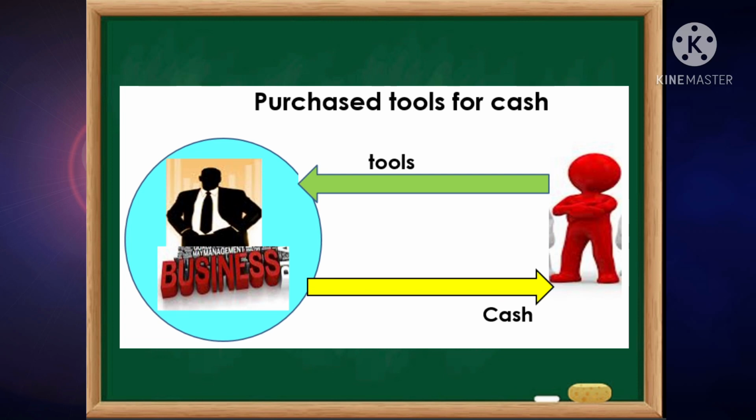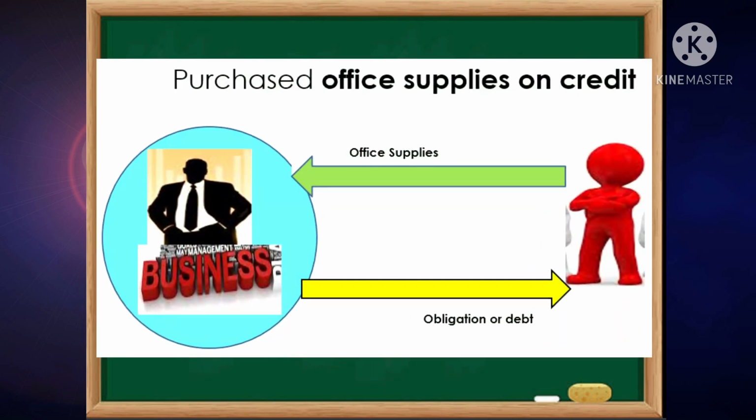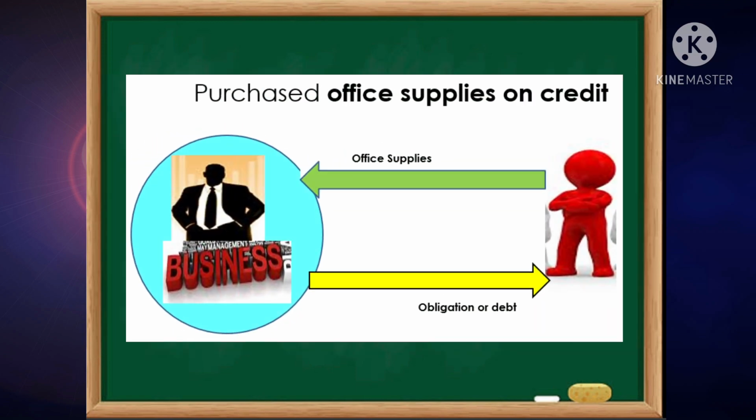In this example of business transaction, purchase tools for cash, the value received by the business are tools in exchange of the value parted with, which is cash. Okay, let's try another example. In a business transaction where there is a purchase of office supplies on credit, what would be the value received and the value parted with?